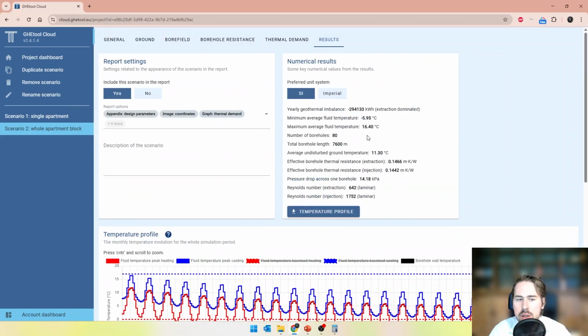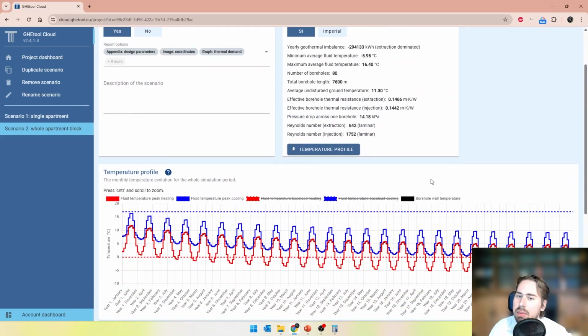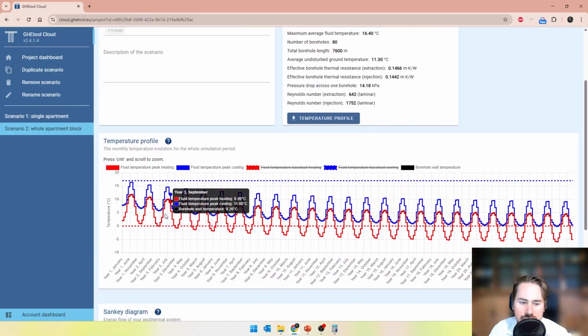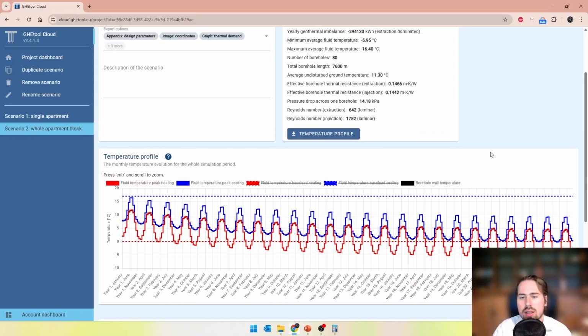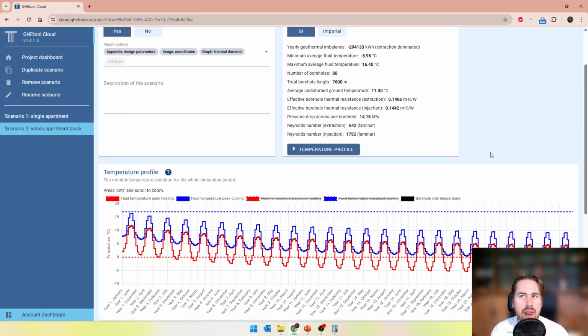And what you would expect is that it fits, but it does not, as you can clearly see here. Where our single apartment fitted nicely, this is not the case, because we now have 80 apartments.